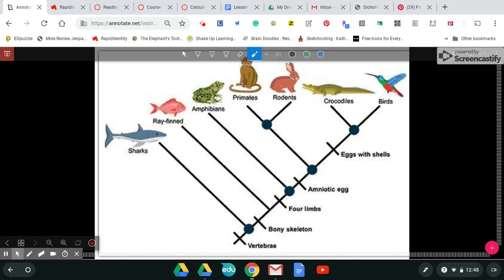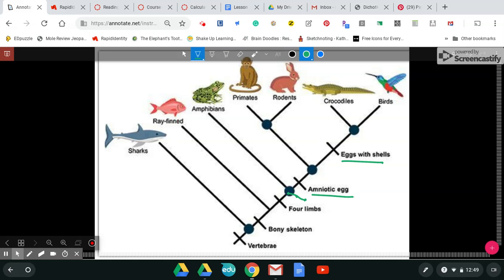So let's say I wanted to ask the question, what does a crocodile have that an amphibian doesn't? If you look, here is the crocodile, and here is the amphibian's branch. The crocodile has both the eggs with shell and an amniotic egg. So an amphibian does not have those 2 traits.